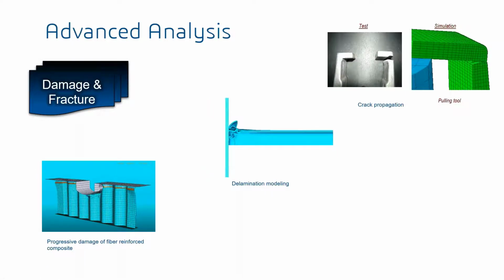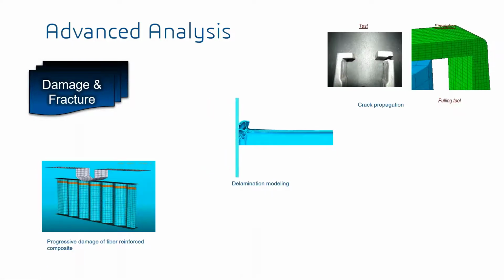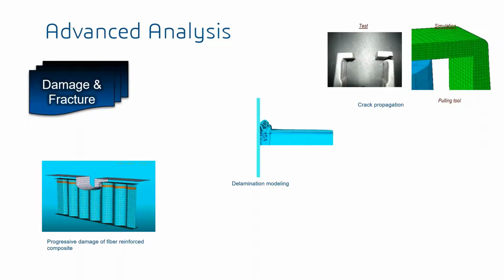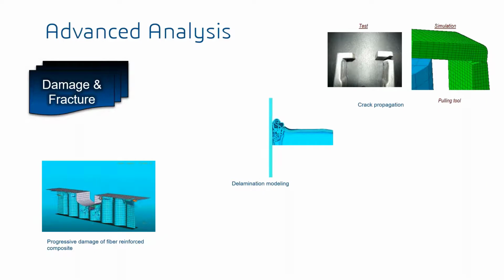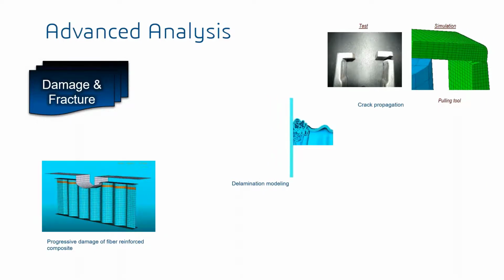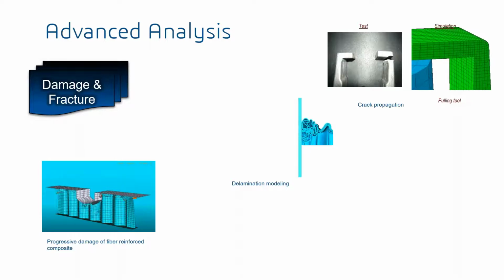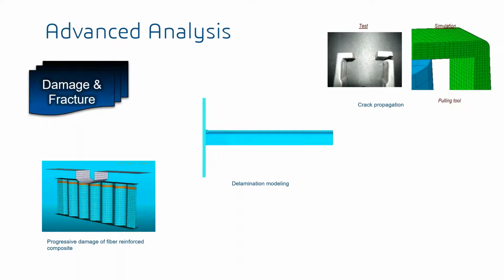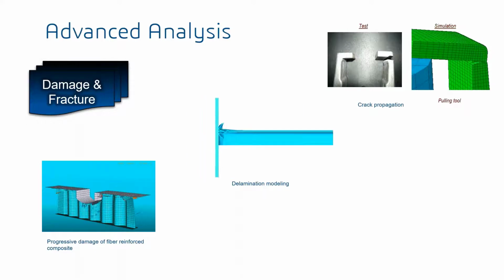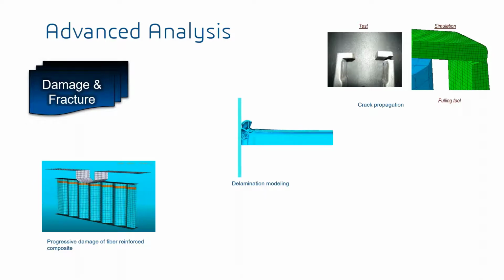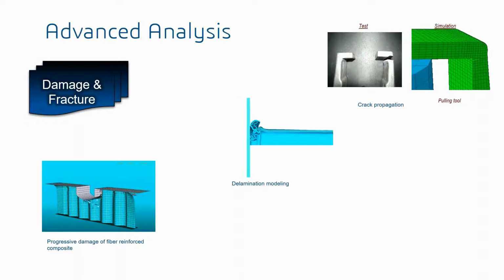Damage and fracture is also oftentimes important for us to take into consideration in the design. Maybe most of the time we really want to make a design that tries to avoid failure, and in other circumstances we have to deal with the fact that things actually break and we see damage.